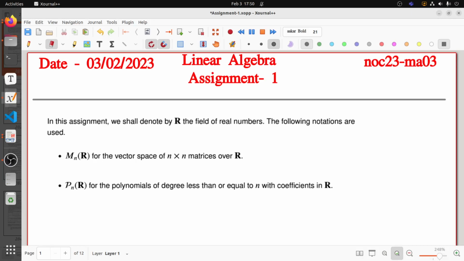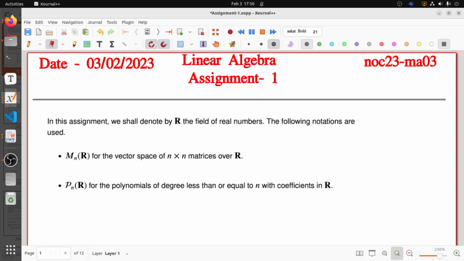Where u1, u2, ..., uk are from B, and a1, a2, ..., ak from R. So what is the meaning of this? So b can be written using u1, u2, ..., uk from B and a1, a2, ..., ak from R. So this means that b is in the span of B, right? This is the definition. If b can be written as a linear combination of elements u1, u2, ..., uk from B with a1, a2, ..., ak from R, it means b is in the span of B.